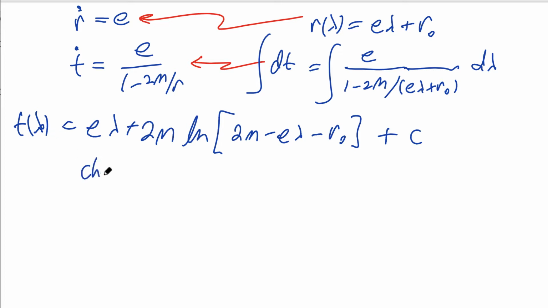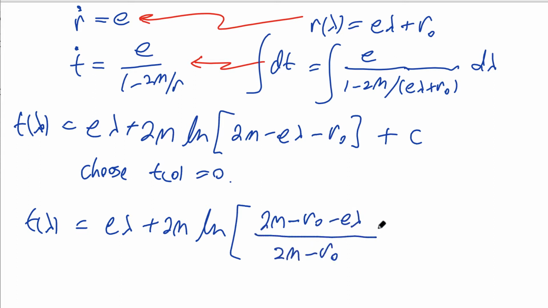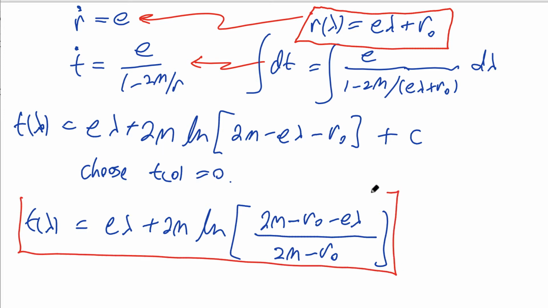So we might as well choose t of 0 to be 0. And in that case, then t of lambda is e lambda plus 2m times log of (2m minus r naught minus e lambda) divided by (2m minus r naught). So here's our solution explicitly for the null geodesics moving along the radial directions in Schwarzschild spacetime.